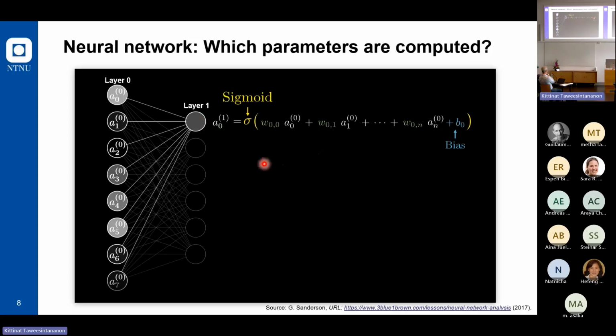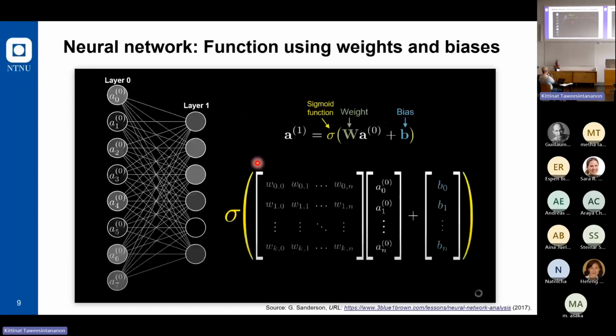And also you have bias. So we can form that as a matrix. You need to compute the amplitude of each element in layer 1, so this is a vector, and then it is equal to, we can write into this form.